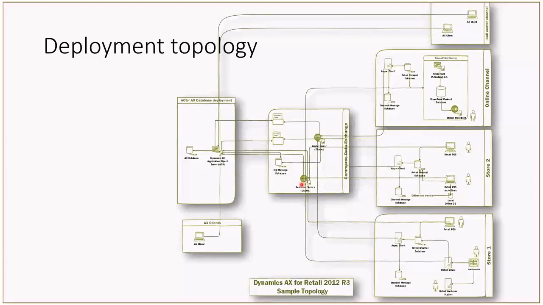So your retail server and point of sale connect directly with your real-time service. Having said that, though, at the time of installation of your retail POS or your retail server, you do not need to provide the URL of the real-time service. And you may ask, how do your retail server and your retail POS actually connect to it if we don't provide it during installation?